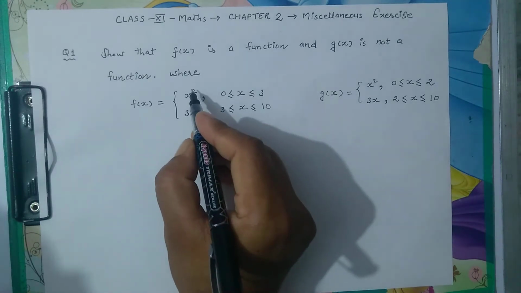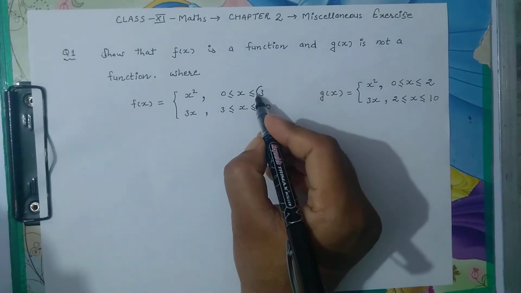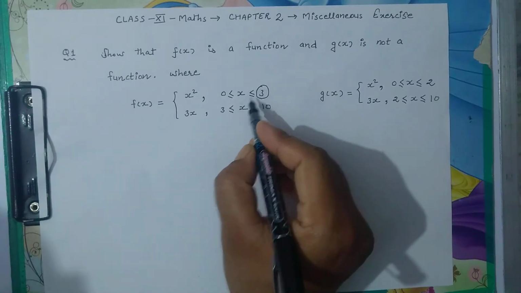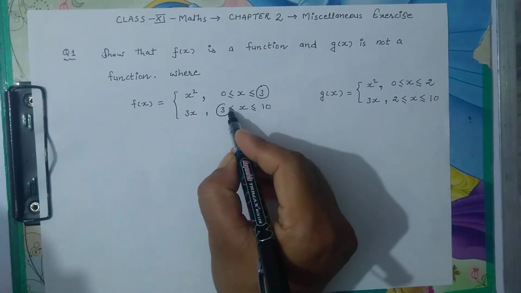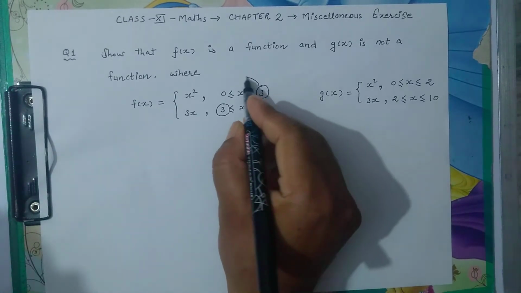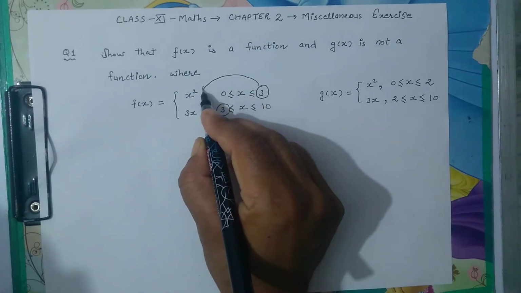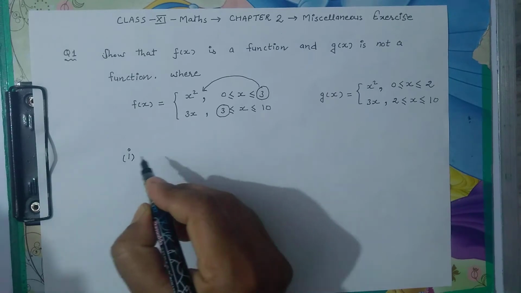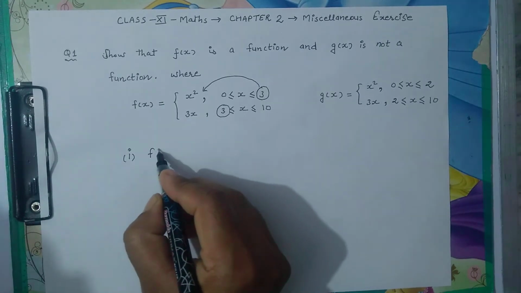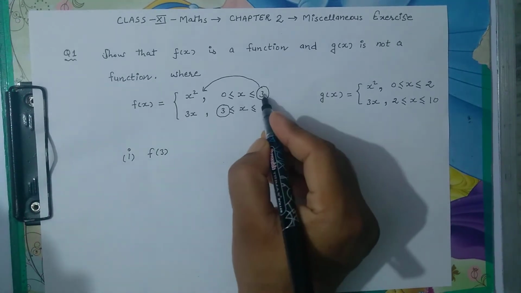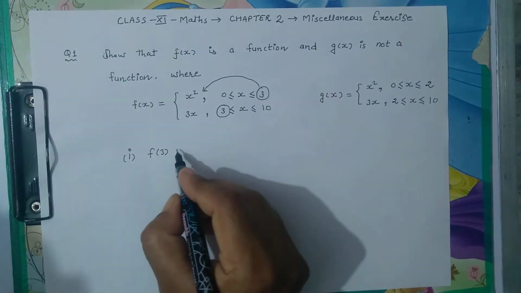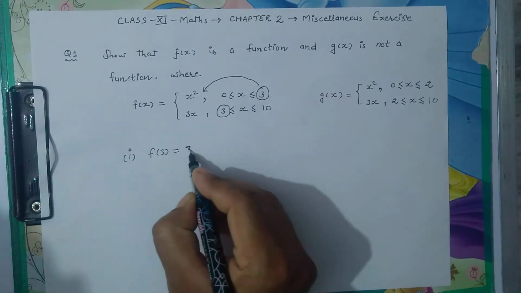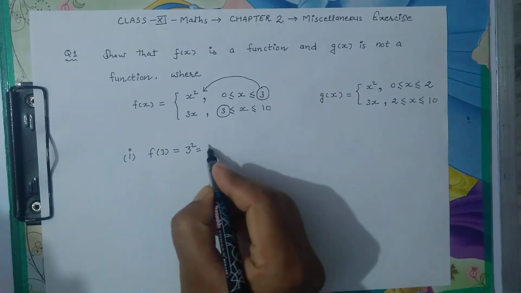So from here we see that x is equal to 3 here, also x equal to 3. Accordingly, the value of f of x is, first time, when x is 3, then what is f of x? This is 3 square is equal to 9.